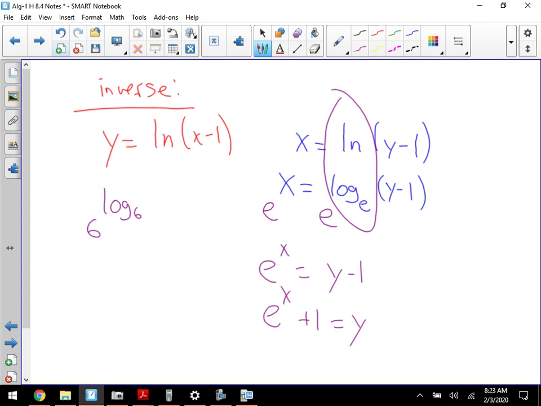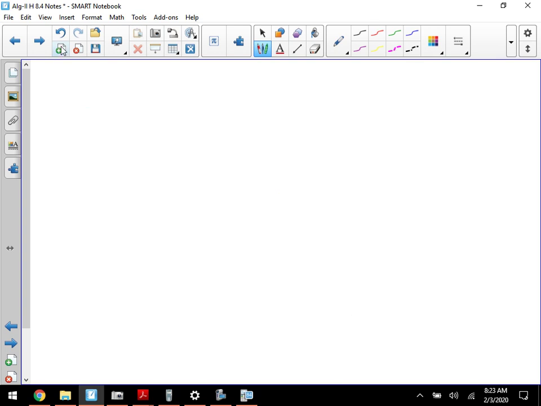And then just one other quick thing. So let's see. This is section 8.4. I have the PDF on the calendar already. Let's do a couple rewrites. So this will be on page 490.